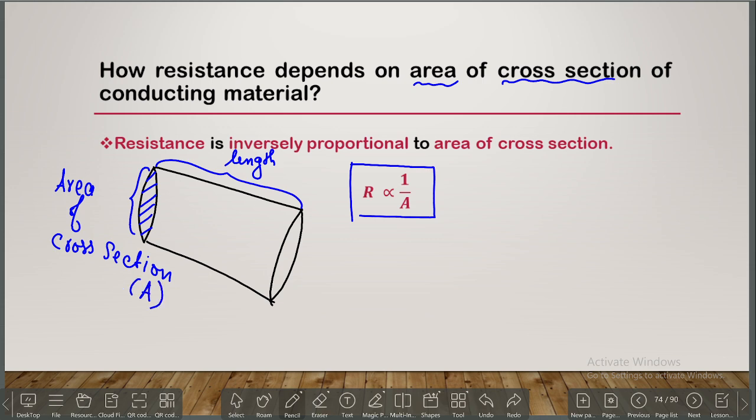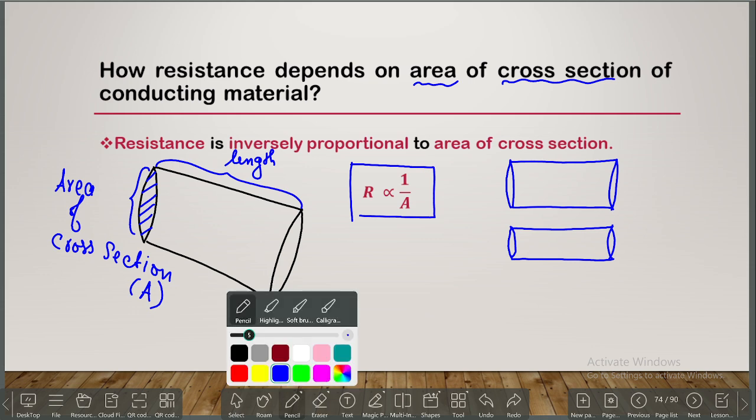Now let's take two different wires. Both the wires have the same length but different area of cross section.